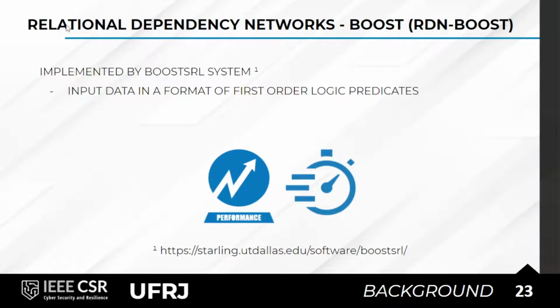From this field, we chose to use the Relational Dependency Networks Boost model because it usually runs in a reasonable time, performs superior to state-of-the-art approaches, and it has an implementation in a system called BoostSRL, and this system requires the input data format to be specified through first-order logic predicates.